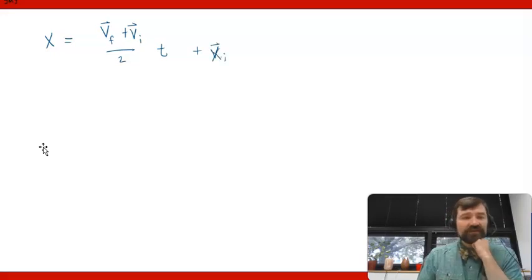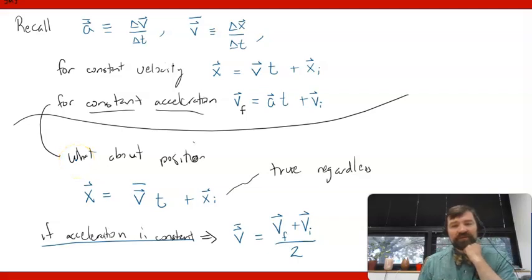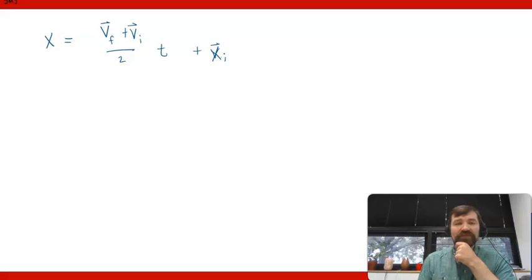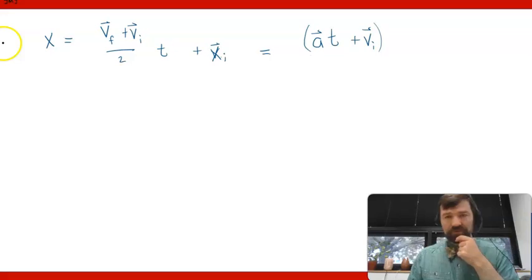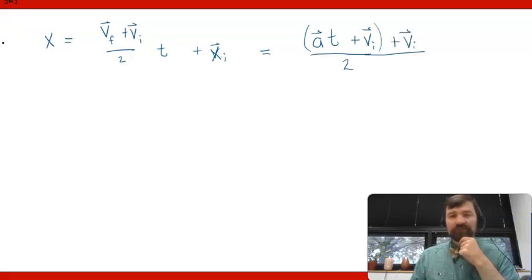So that's just taking this equation here and substituting into this equation for the average velocity. And now we substitute for v final, and what we have is acceleration times time plus v initial all over 2 plus another v initial. So this right here is my v final, this right here is my v initial. All of that's times time, and then I have plus x initial.